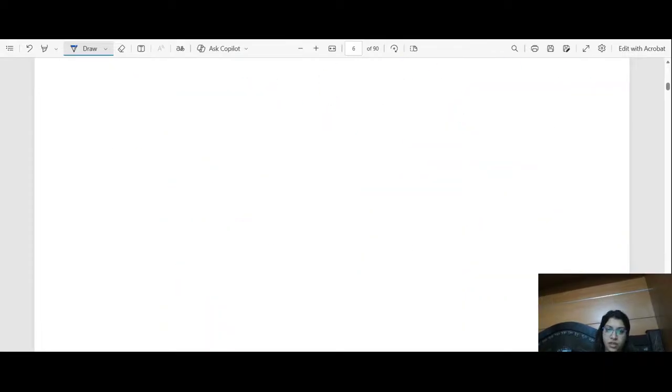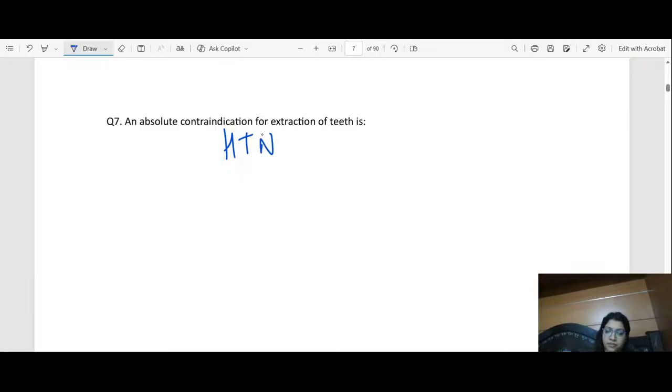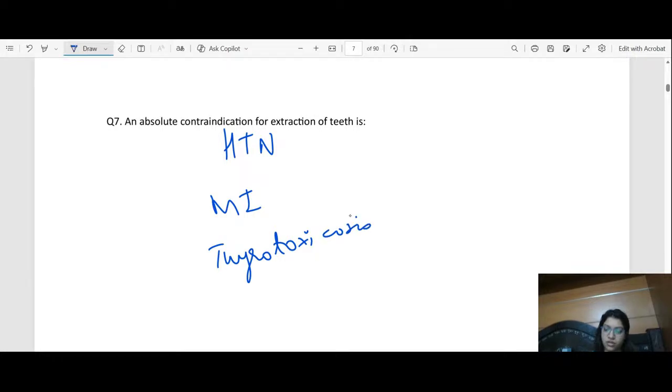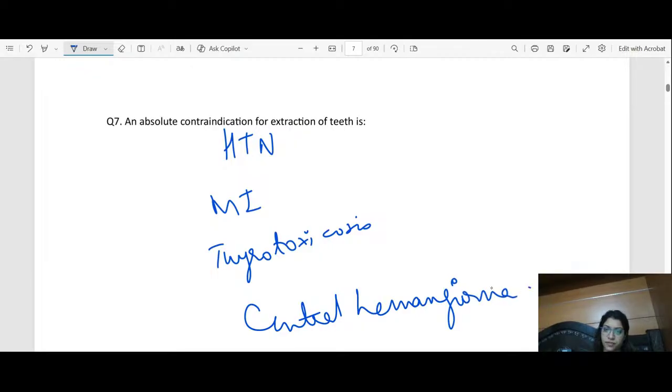let's come to the next question. An absolute contraindication for the extraction of the teeth. Options are hypertension, MI, thyroid toxicosis, and central hemangioma.